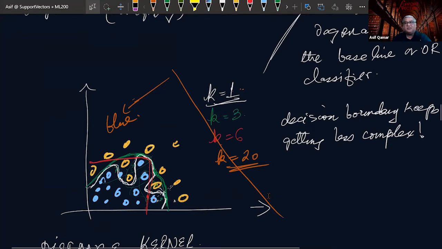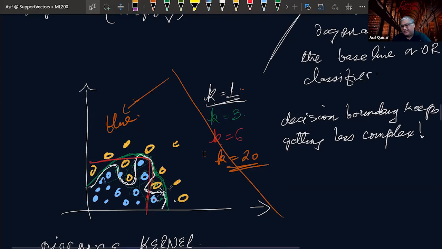It devolves to the baseline situation, the majority situation. So somewhere between k equal to 1 and k equal to 20 is the best value of k. K is the hyperparameter of your k nearest neighbor algorithm. And there is obviously a way to find that. You can try to find it.